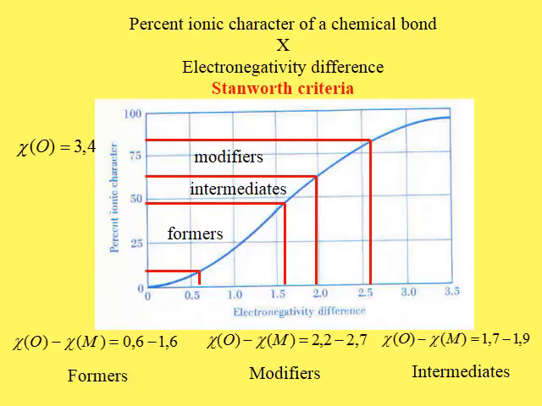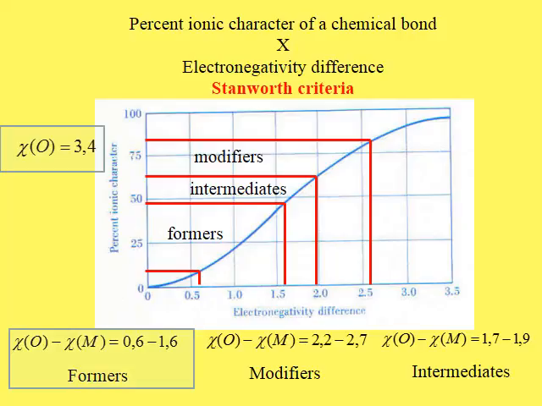The Stanworth criteria are based on the percent ionic character of a chemical bond. The stronger the ionic character, the lower will be the tendency to form a glass. This is a plot showing the percent of ionic character in a covalent bond as a function of the electronegativity difference between two atoms, considering the electronegativity of the oxygen as 3.4.